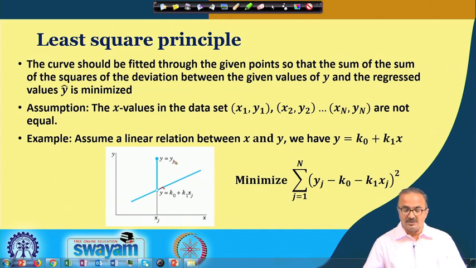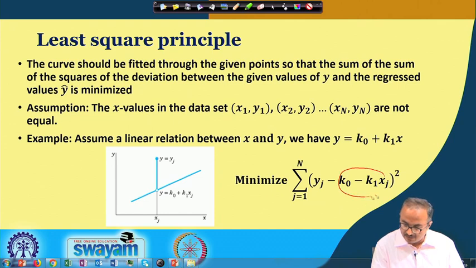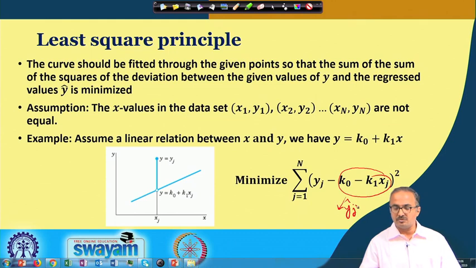The square of this error we try to minimize. So this is the expression that minimizes the sum of the squares of the error: the actual value yj minus the regressed value, the whole thing being the regressed value.